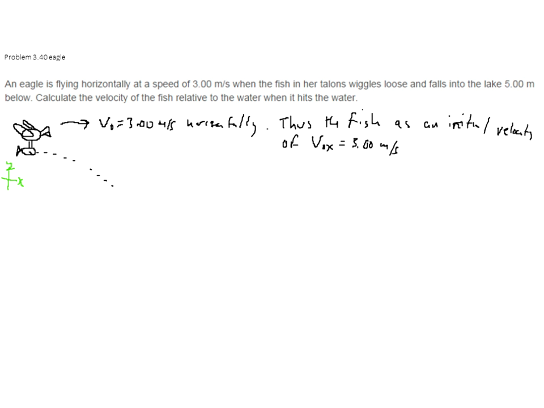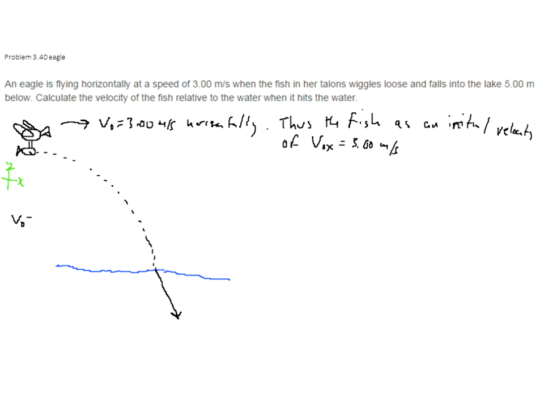So we're going to get something that looks like that. Here's our water. So it's going to have a final velocity here as well. That's going to be a larger arrow than this one.